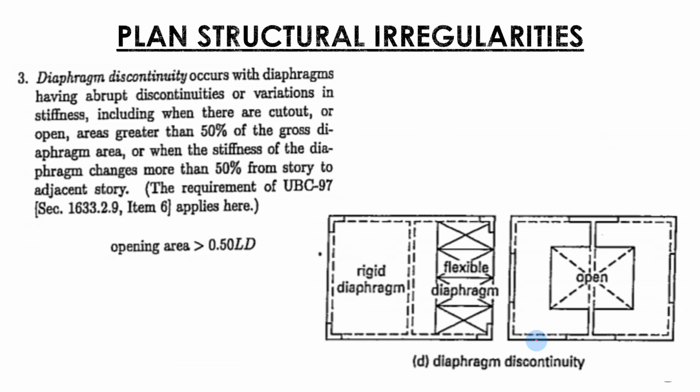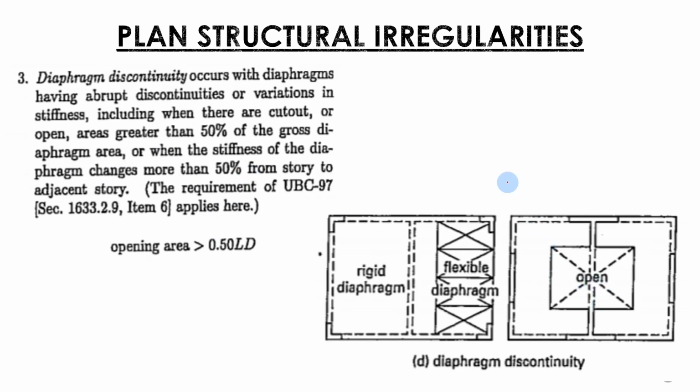Okay, third, diaphragm discontinuity. So diaphragms having abrupt discontinuities or variations in stiffness, including when there are cut out or open areas greater than 50% of the gross diaphragm area, or when the stiffness of the diaphragm changes more than 50% from story to adjacent story. So pareha ni guys.